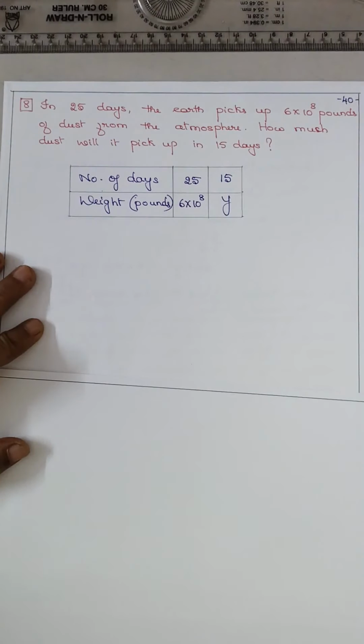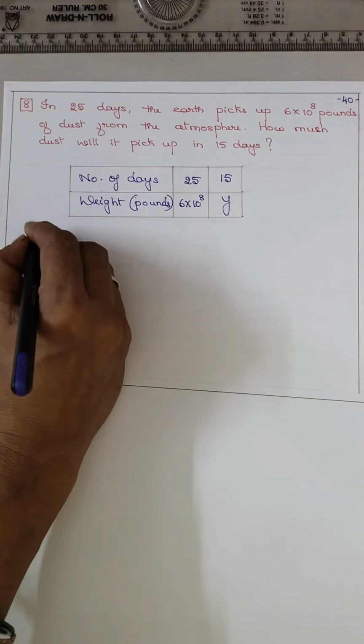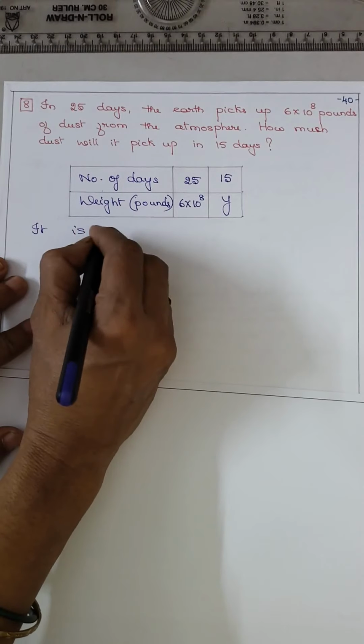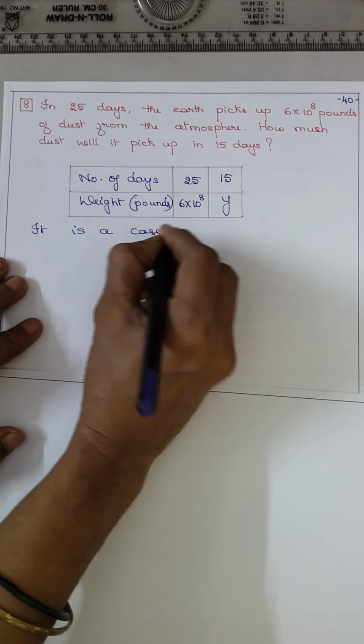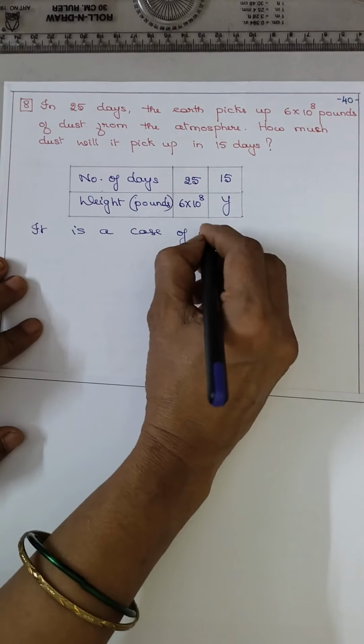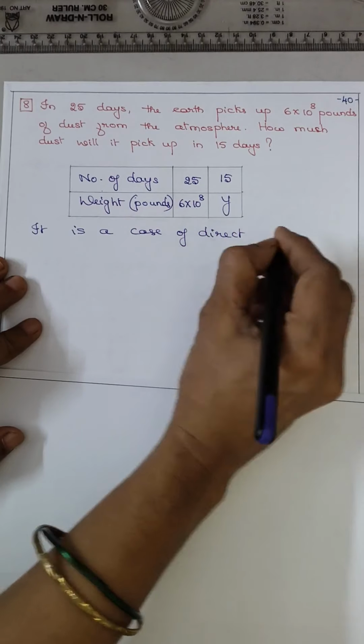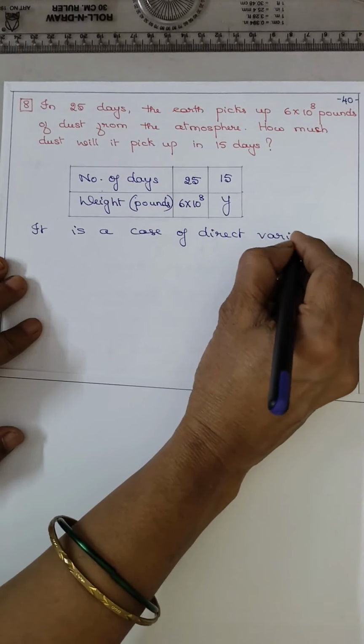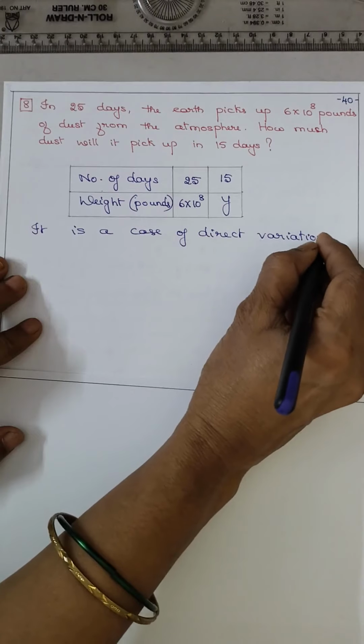अभी आप ही सोचो, ज्यादा दिन में ज्यादा डस्ट, कम दिन में कम डस्ट, हाँ या ना? So which type of variation? It is a case of direct variation. What is the formula?